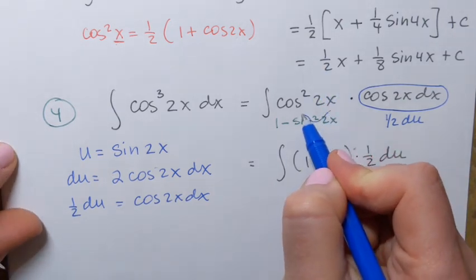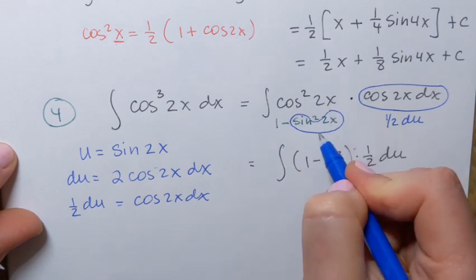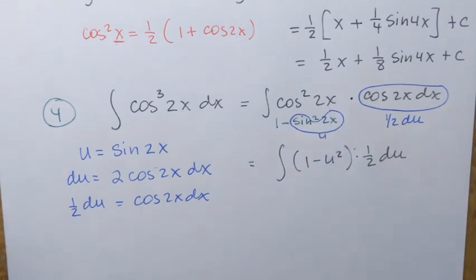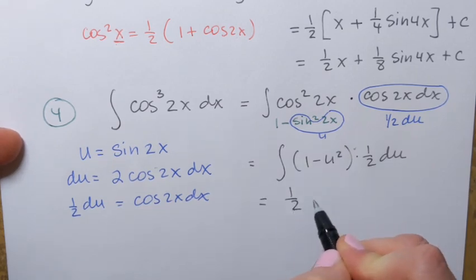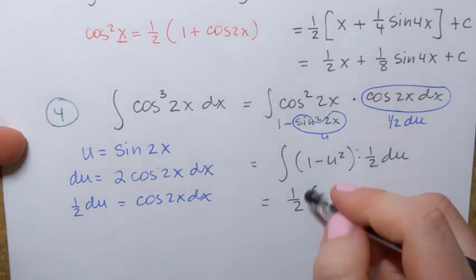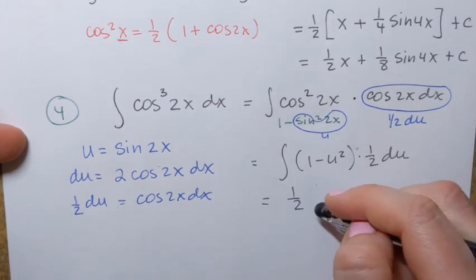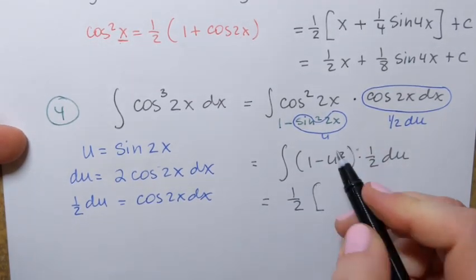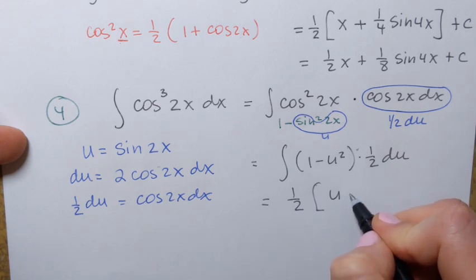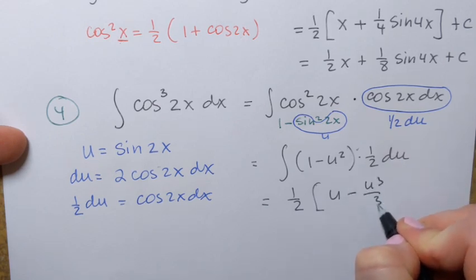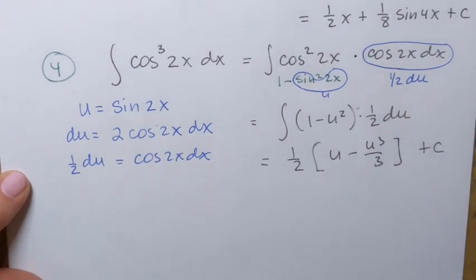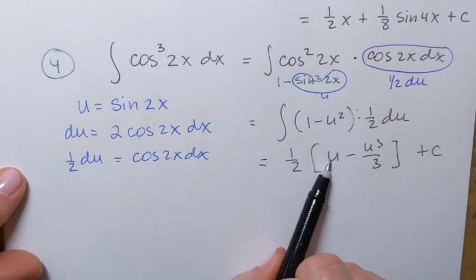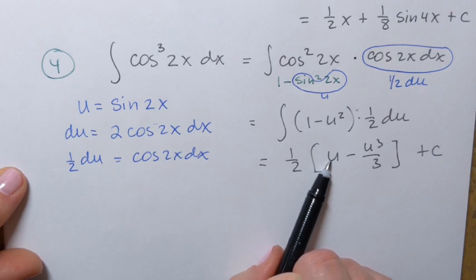So sine of 2x is u. Okay, so 1/2 goes in the front, and then I can just go ahead and integrate. The integral of 1 is u, and the integral of u squared is u cubed over 3 plus c. And I have to go back to my original variable of integration, which is x.